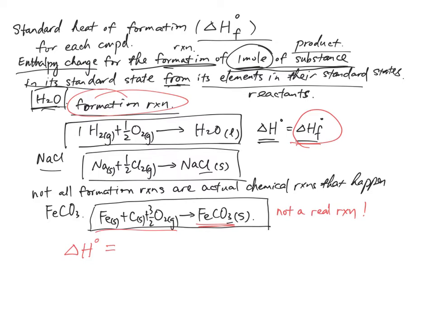The delta H of any given chemical reaction equals the total, the sigma here means total, of all delta HF standard for the products, minus the total of all the delta HF standard of the reactants.